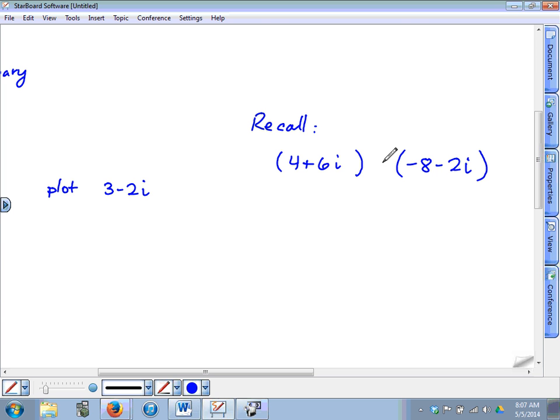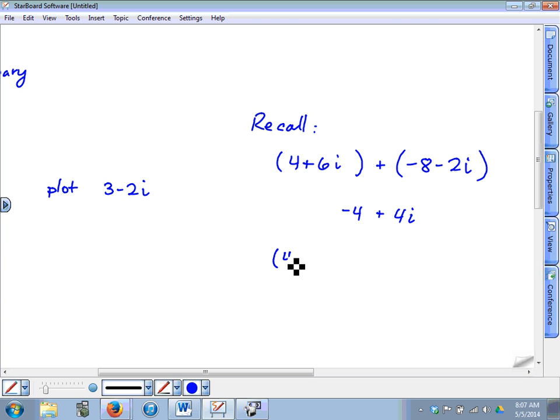And we're going to do that here in a second, but if it's just add, just adding like terms, the real parts add together, so that's going to be negative 4, and then the imaginary parts add together. You've got to be careful with keeping track of your minuses and your negatives and all that stuff. But 6i plus negative 2i, that's how you add complex numbers.